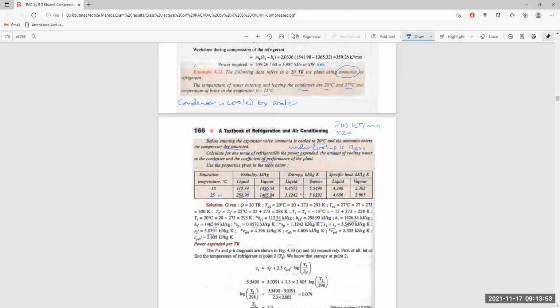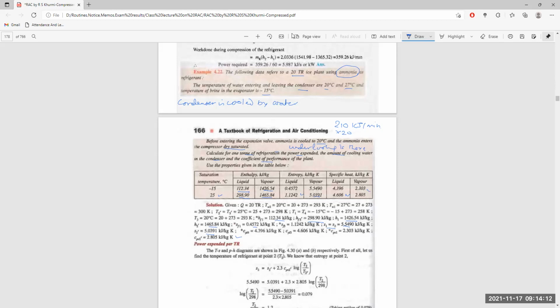Yes, high temperature is here. Similarly, the specific heat of the vapor ammonia in the vapor state at point 1 is 0.23, and at point 2, at the time of entering the condenser, is given as 208. So many things are given.